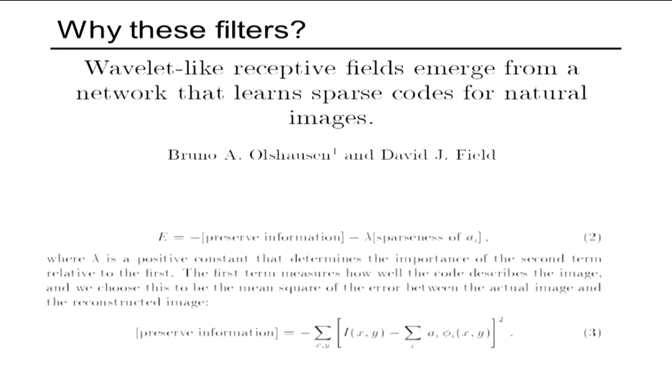So you have alpha times this basis set phi. And I'm going to look at the best way to represent every patch, and then sum over all the patches, and minimize that. Okay? So I want the best representation to preserve the information about the image. So a best way to model the image with a set of k basis patches, k filters. So far, so good?